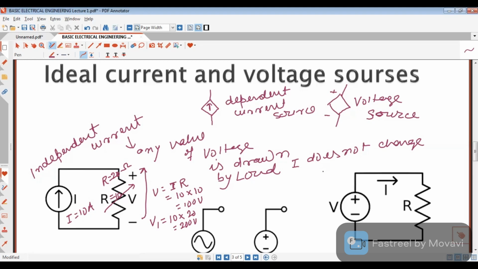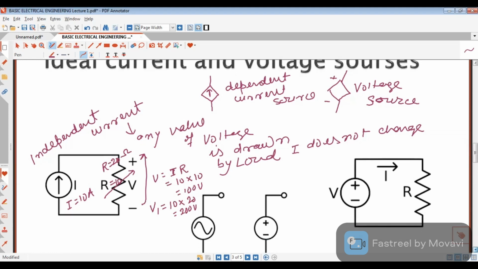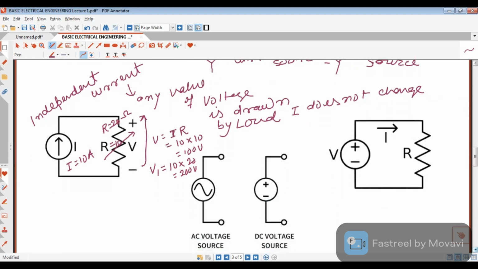And in the same way, this is the symbol of independent voltage source. In the case of independent voltage source, here again we connect the load resistance given by R, and suppose the voltage V applied is 10 volt for example, or 100 volt, and the resistance at this time is 10 ohm.